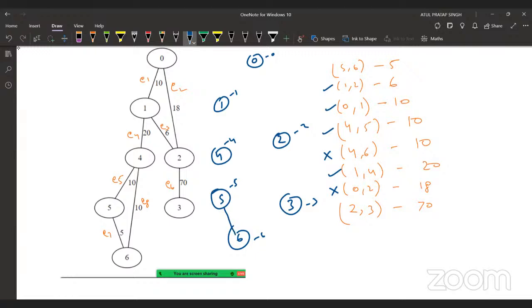We will either update the component of 6 to 5, or we can also update 5's component to 6. So now after adding the edge between 5 and 6, the component will become the same.